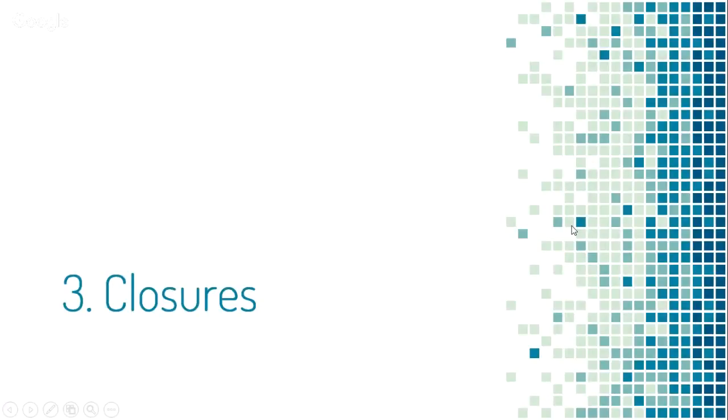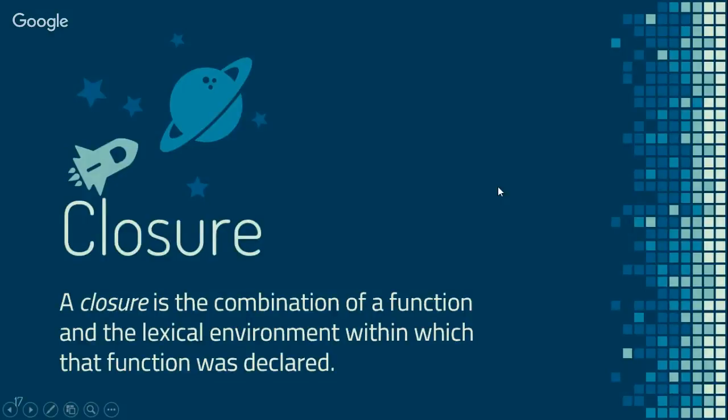Okay, so now that we know something about all these intricate concepts like scoping, lexical scoping, local scope, global scope, let's look at a place where we can make use of them. The most common thing, a place where scoping is useful, is closures. Here we have a definition of what a closure is.